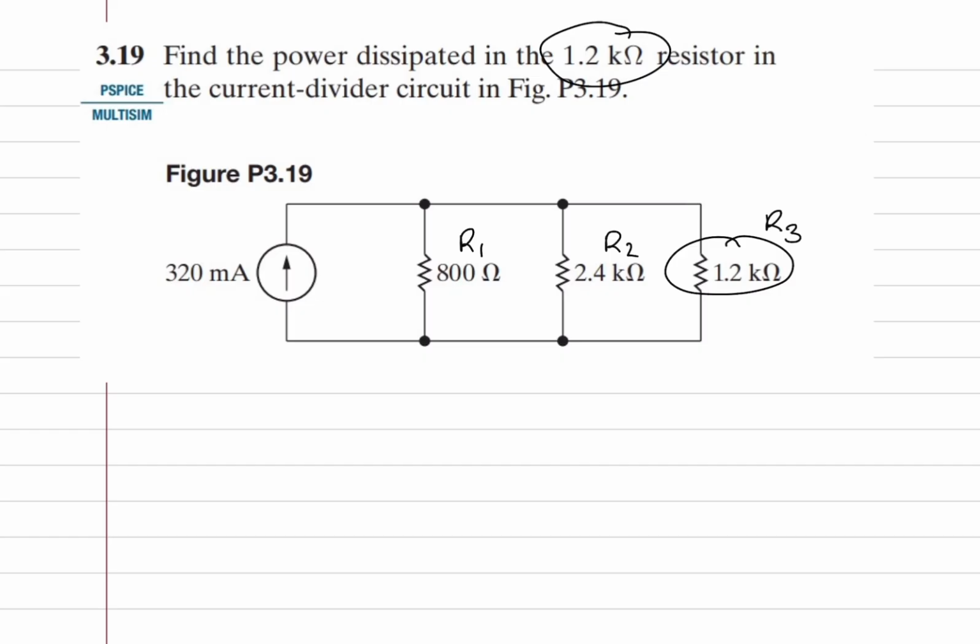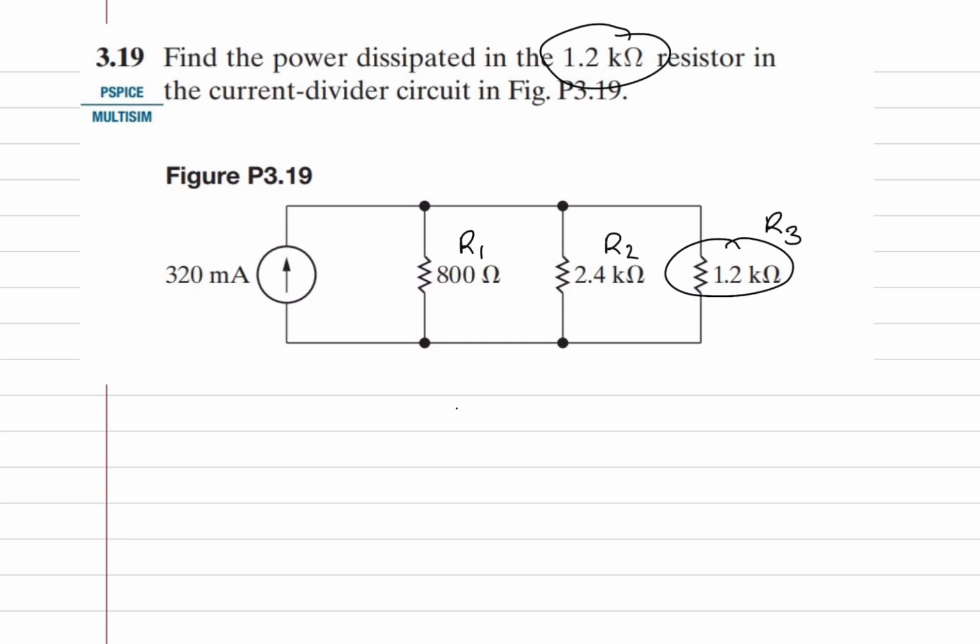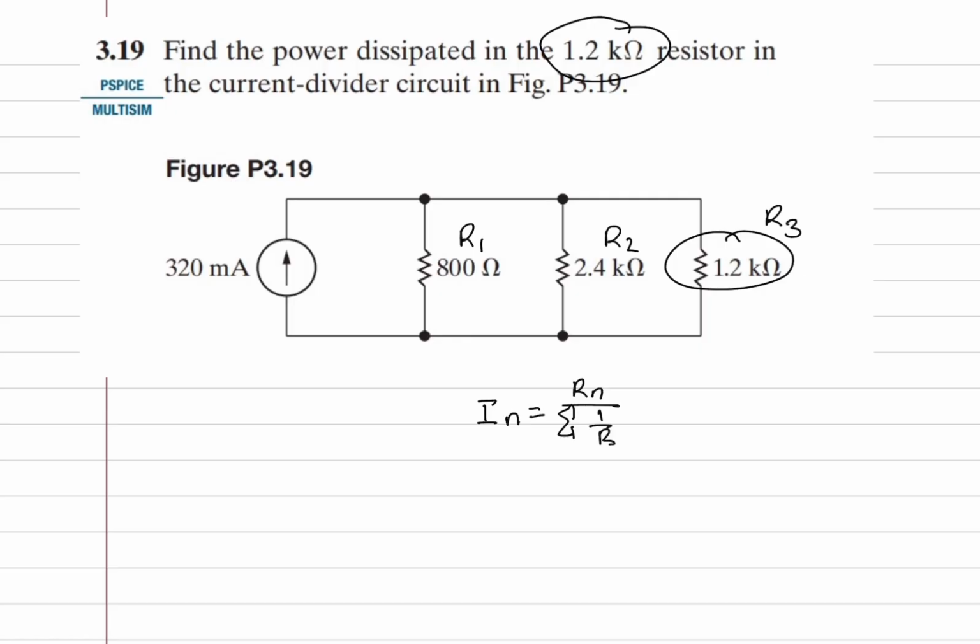In order to use the current divider method, we need to first analyze the equation for current divider. The current divider equation is IN equals RN divided by the sum of all the parallel resistors together, and then that is multiplied by the total current of the circuit.